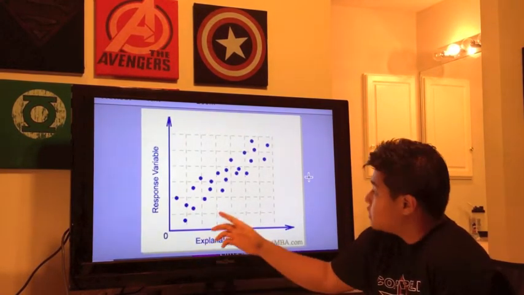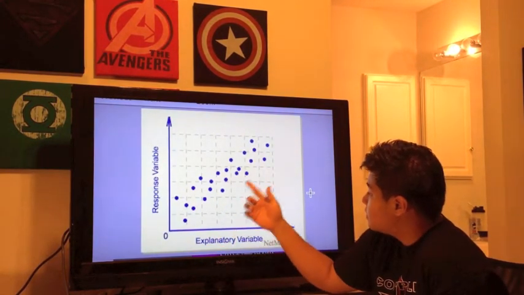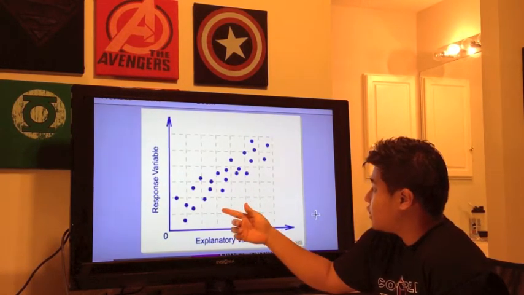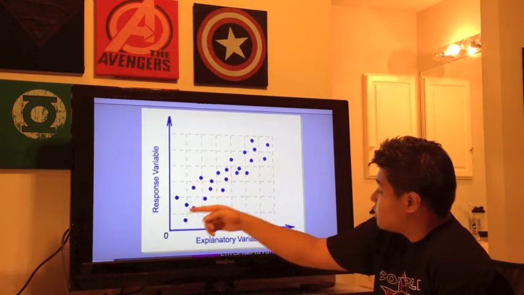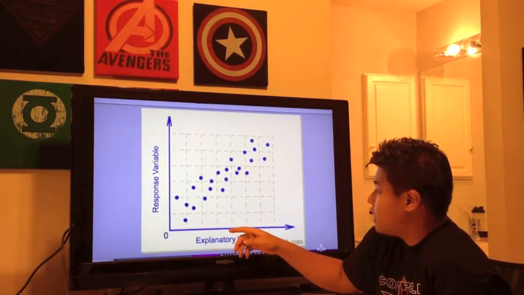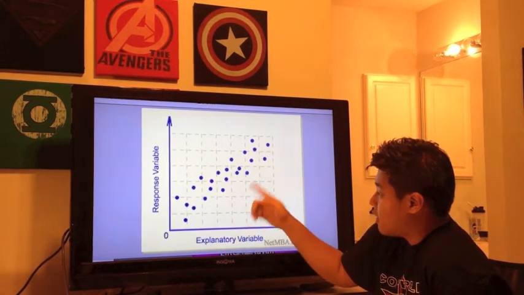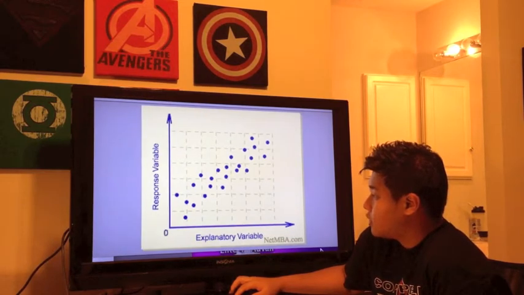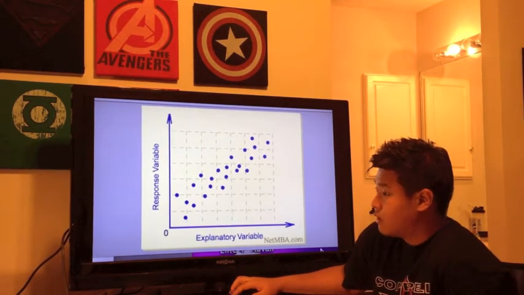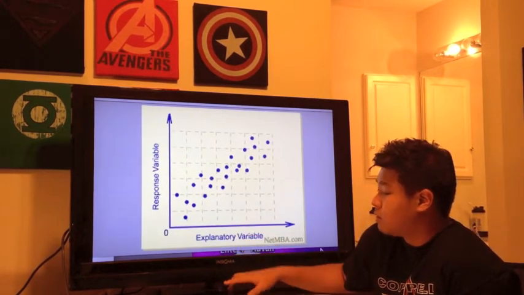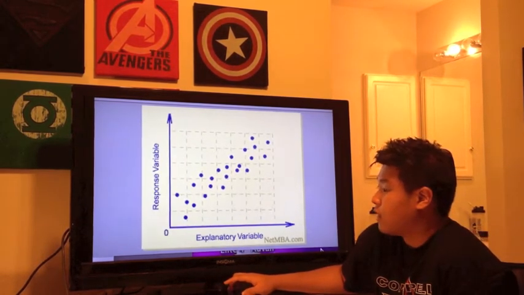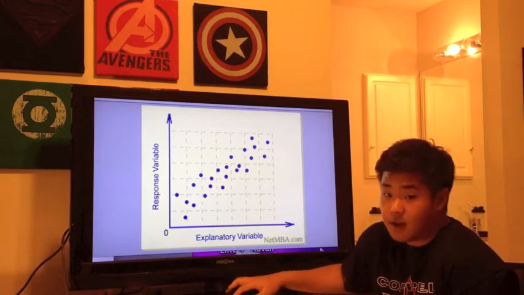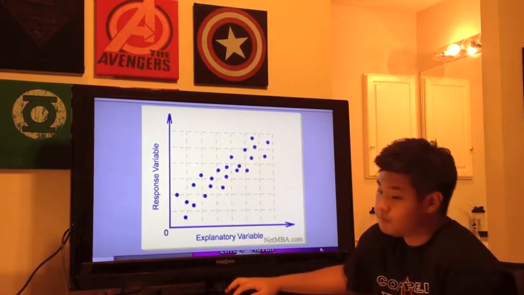And so right here is a pretty good strong correlation, and you can see that it's going in a positive association, and it's around 0.8 right here. Correlations range from -1 to 1, and so you can determine their value by looking at the graph and kind of putting an estimate around it.